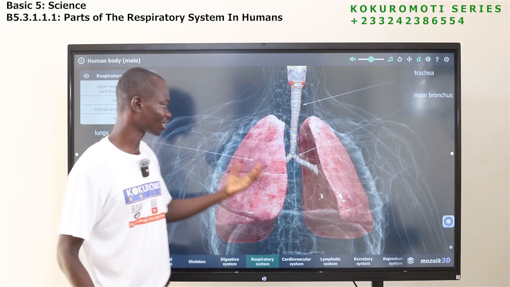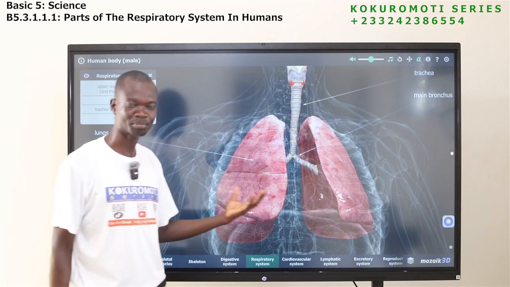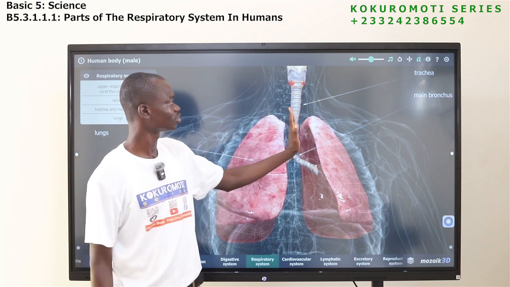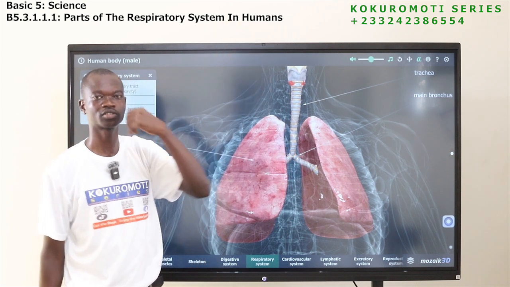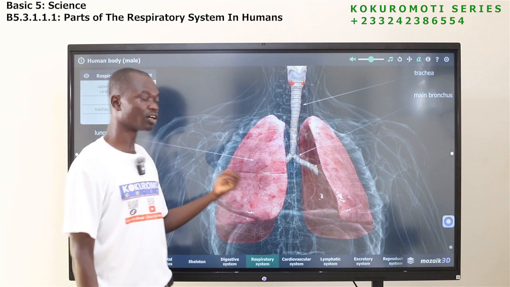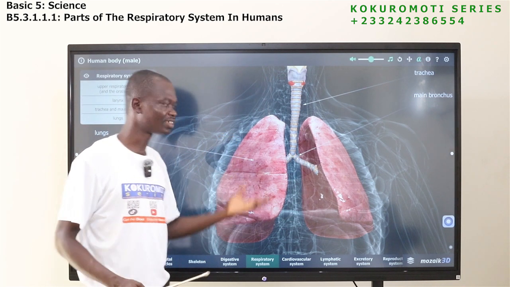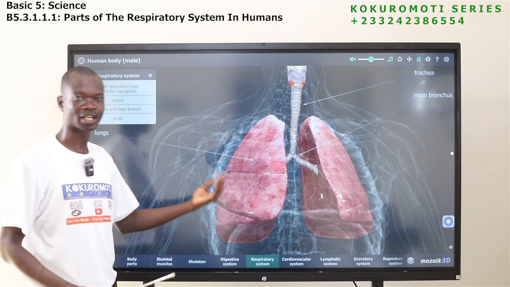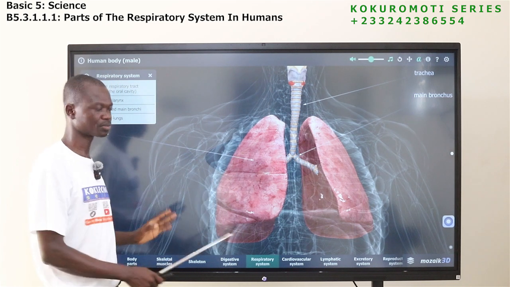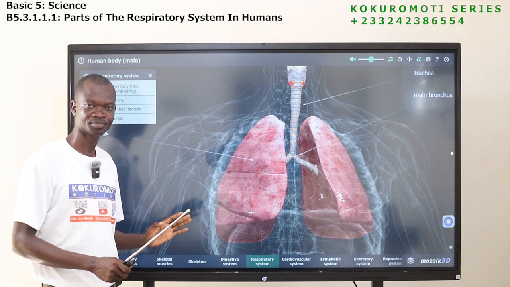So the lungs ensure that the carbon dioxide, which is not needed by the body, goes out. It will pass through the trachea, go out through the nose, and come to the atmosphere. And the oxygen which the body needs will be carried to the blood. So this is how the respiratory system works.